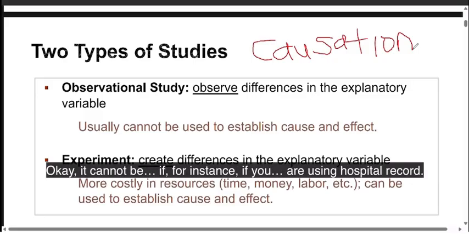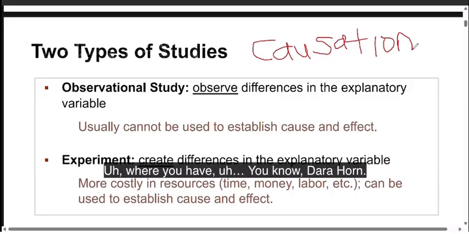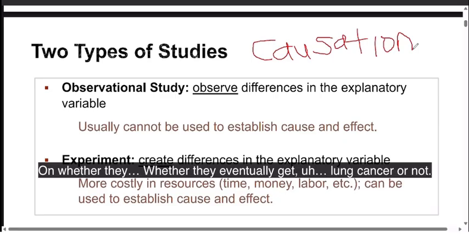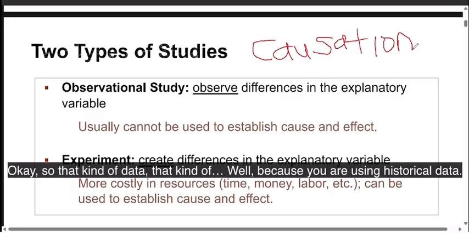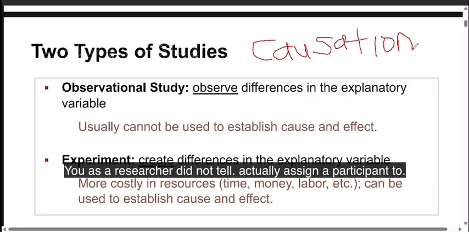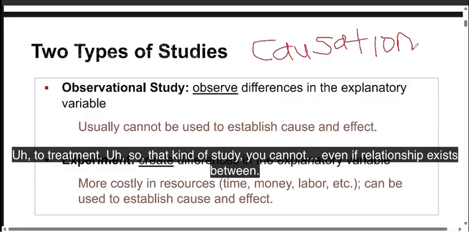If, for instance, you are using hospital records where you have data on the smoking habits of patients, and also data on whether they eventually get lung cancer or not, then because you are using historical data, you as a researcher did not assign participants to treatment.